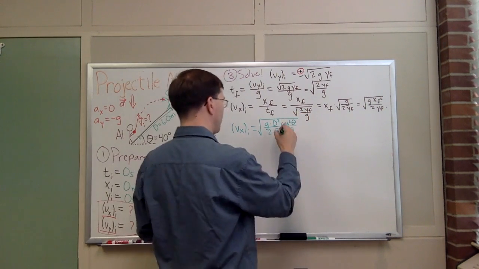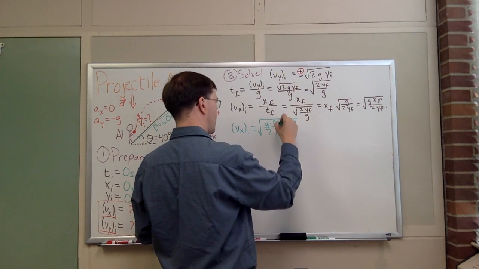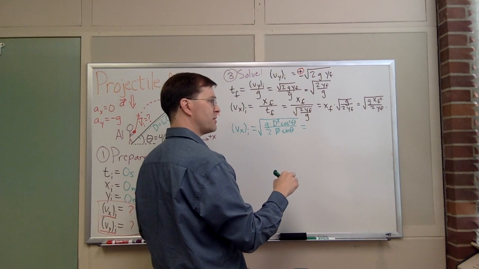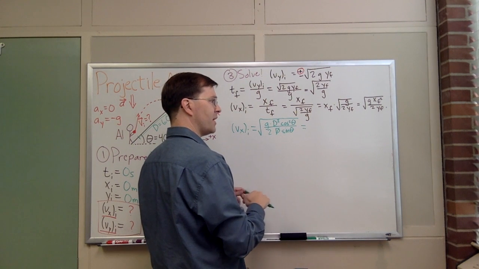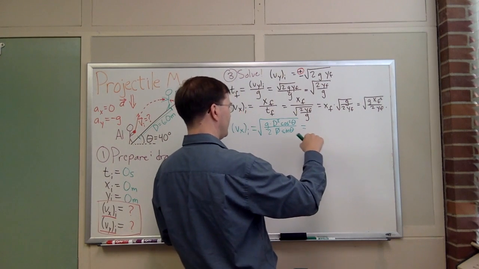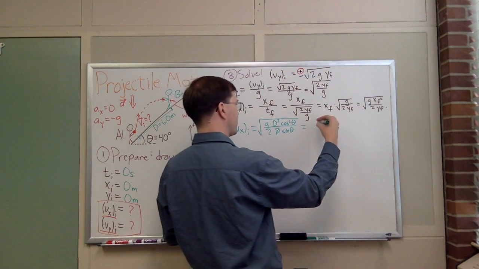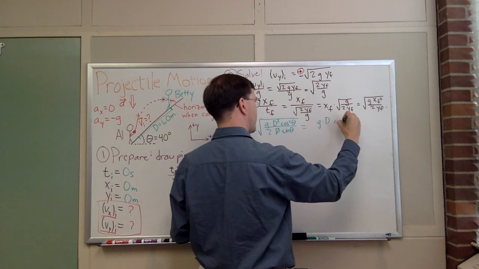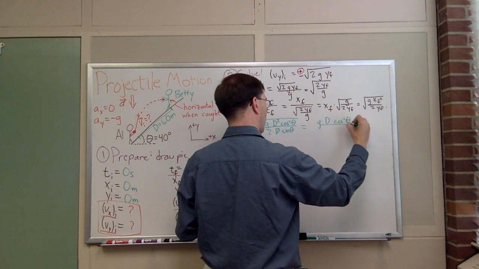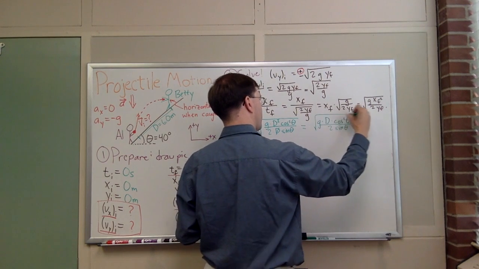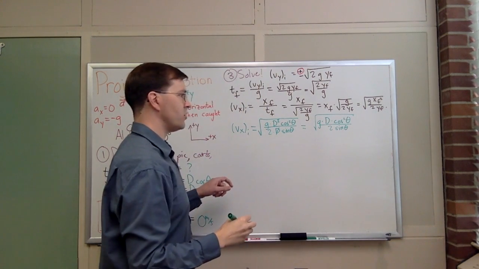That simplifies a little bit. The d squared cancels a little. And cosine over sine, do I really want to do some simplification like that? I don't know that it helps much. Yeah, it's not going to help much. I think I'll just write this as g times d times cosine squared theta over 2 sine theta, all under a square root sign. That's my Vx initial.